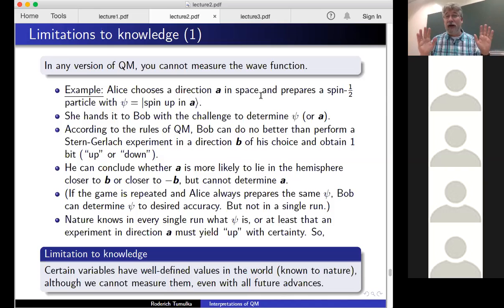It's not a question of how good our technology is or when it will be better. According to quantum mechanics, Bob will never be able to determine psi or determine A. It's just an in principle limitation.